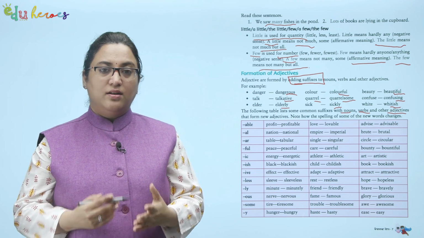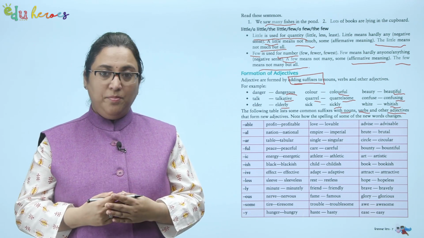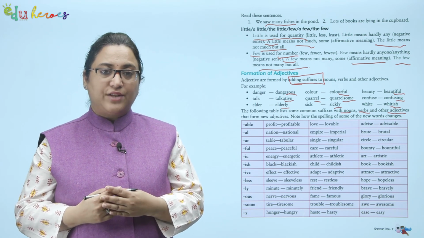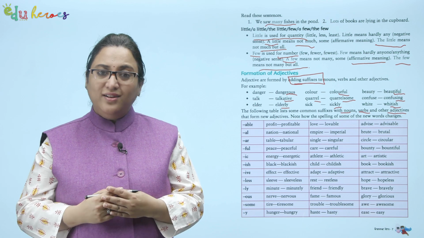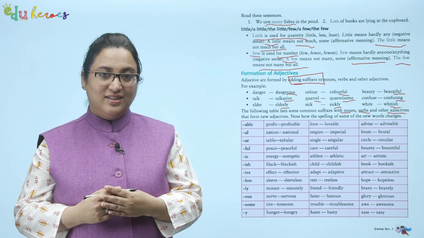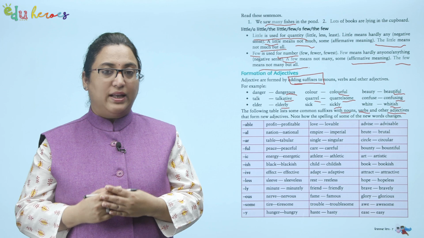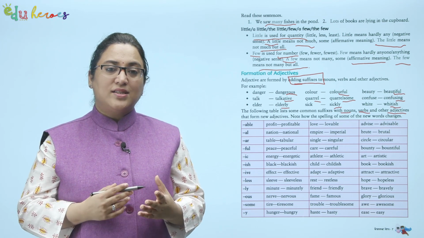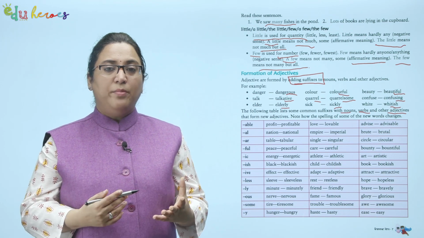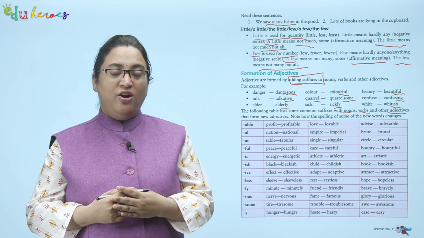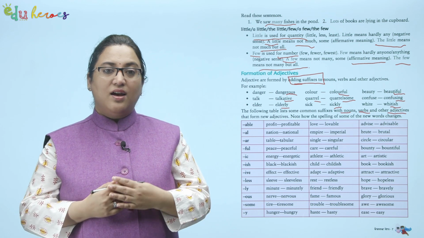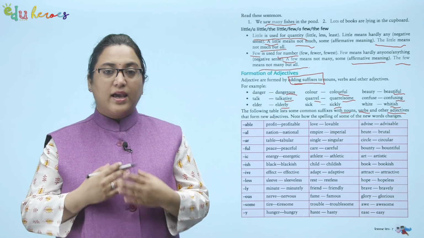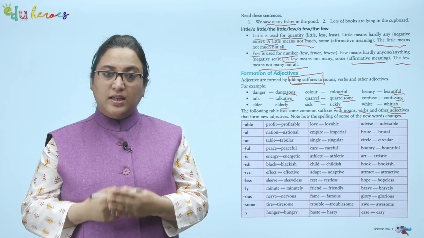OUS. Nerve, nervous, fame, famous, glory, glorious. Did you notice that we dropped the last letter of each word to make the new adjective? If you remember, you will get the spellings right. SOME. Tire makes tiresome, trouble, troublesome, or awesome. Y. Hunger, hungry, haste, hasty, ease, easy.